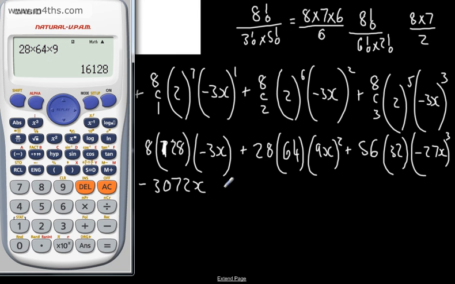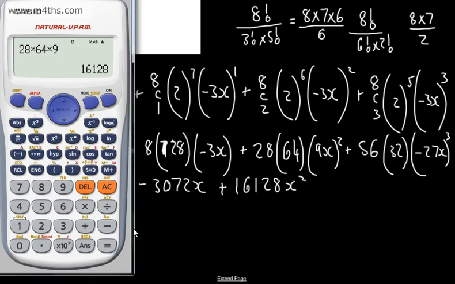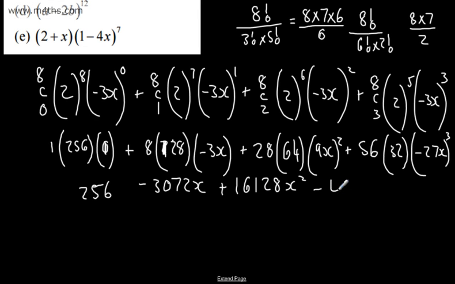That's going to be 16128x squared. And then finally, 56 times 32 times 27. That's going to be big, 48384. So minus 48384x cubed. So there we go.